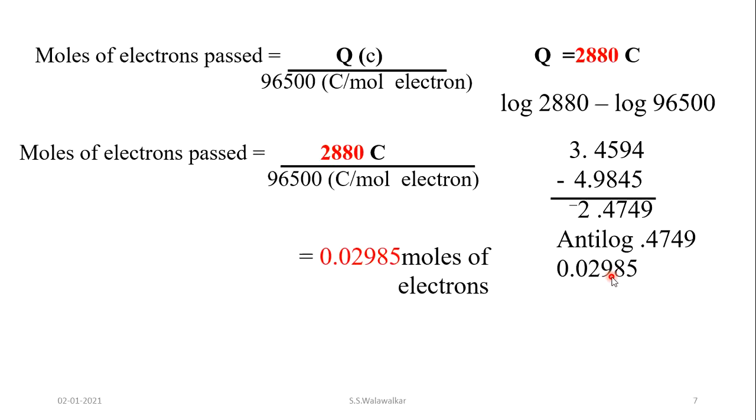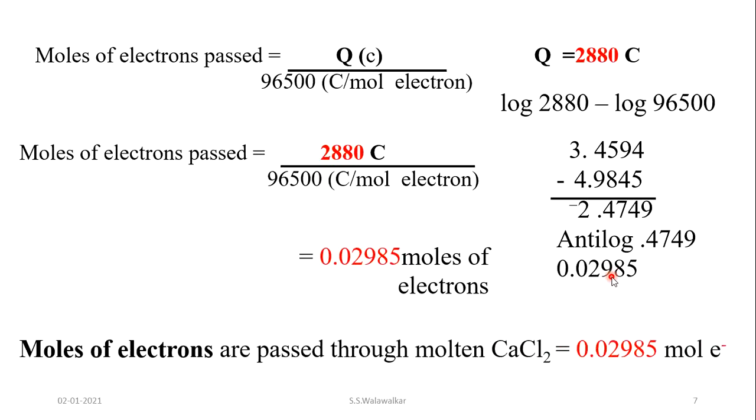The moles of electrons passed is equal to 0.02985 moles of electrons. So the moles of electrons passed through the molten calcium chloride is 0.02985. This much moles of electrons are passed. So like this you can solve the problem based on this formula.